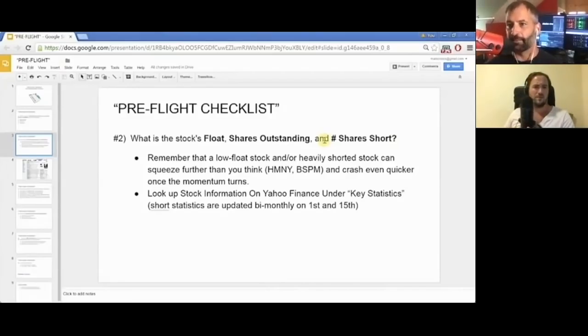And the analogy I use with float and volume and float rotation, think about a busy hotel, like on a holiday, like hotels on New Year's Eve. There's only so many rooms and everybody wants to get in there. So somebody's got to check out of their room so someone else can check in. That's that idea of float rotation.